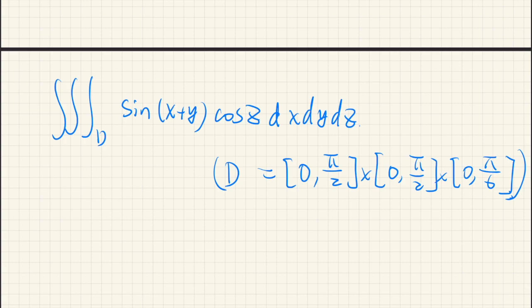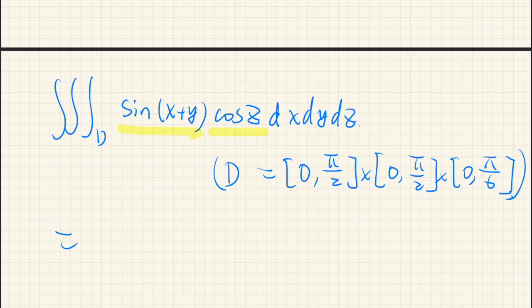Let's use the technique of iterated integral. But before that, we should notice that this part and this part can be separated. We can decompose into two parts. This cosine z doesn't include x or y, so we can separately integrate this part just with respect to z and forget about x and y.